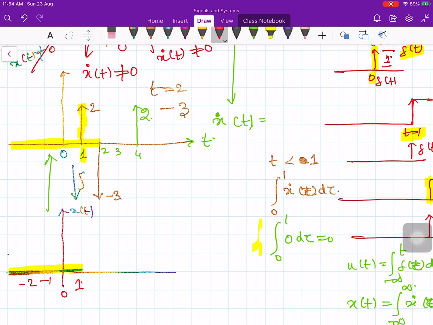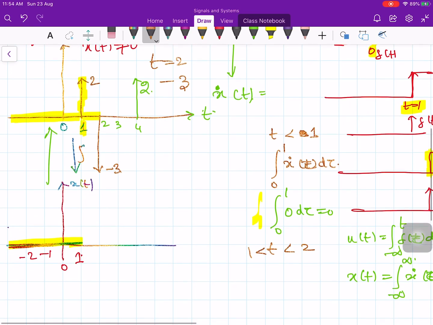Now let me take the second interval, 1 to 2. T lies between 1 and 2. In this region, from this point to this point, it comprises the first impulse, because the first impulse is located at t equals 1. I am not going to consider the other impulse, I am going to consider this impulse alone.